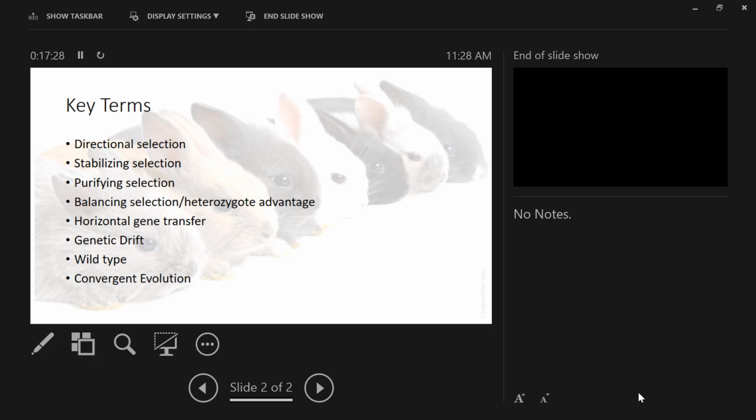So most often, the change in the human genome is the result of horizontal gene transfer or genetic drift. Almost always, that we can tie the actual change in the human genome to horizontal gene transfer or to genetic drift. And you're like, horizontal gene transfer? I mean, we're not bacteria, right?